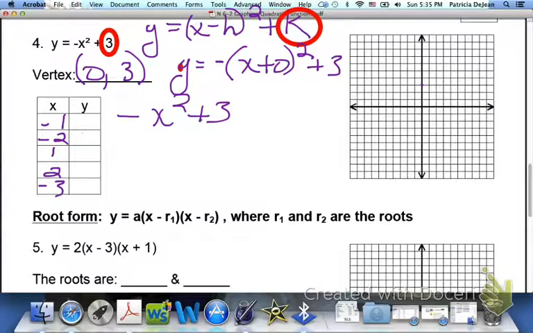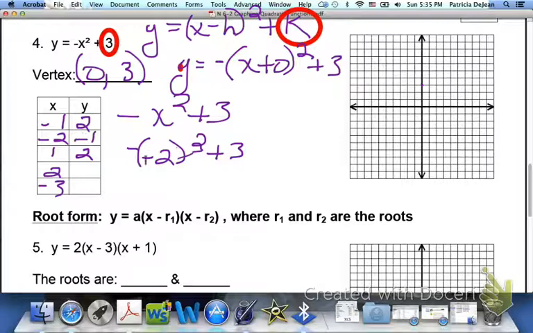All right, so negative 1 squared plus 3 is, that's going to be positive 1, but it makes it negative. So negative 1 plus 3 is going to be 2. All right. And 1 squared made negative plus 3 is also going to be 2. If this is negative 2 squared in here, that's 4 made negative plus 3. That's negative 1.